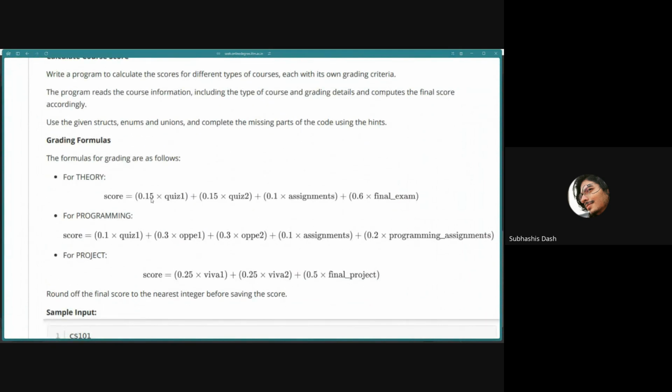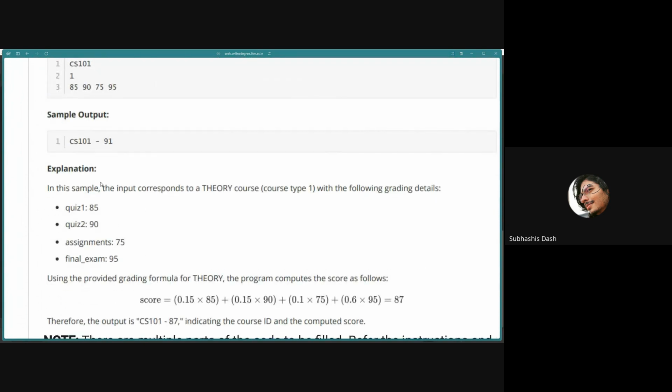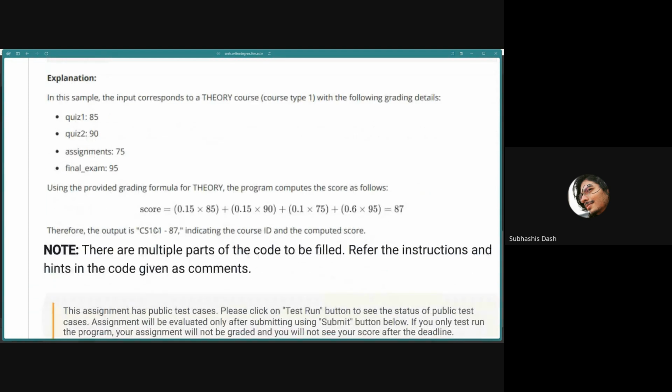We have score like this one, and we have three different formulas for three different types. In this sample, the input corresponds to a theory course type 1, with the following grading details: 85, 90, 75, 95. So that is the one.